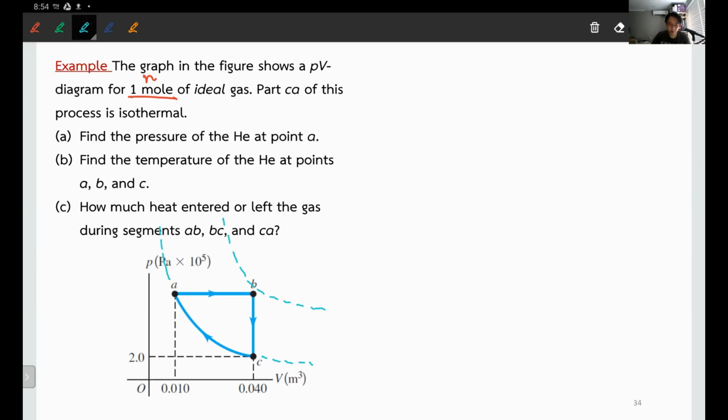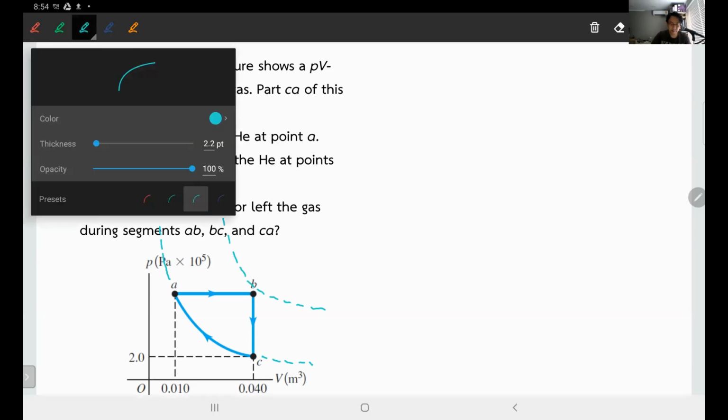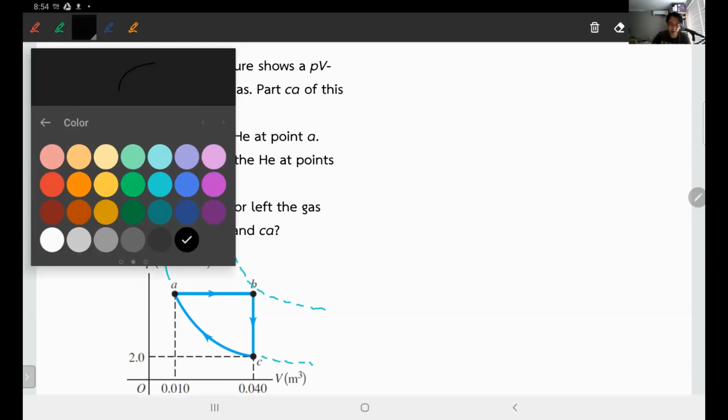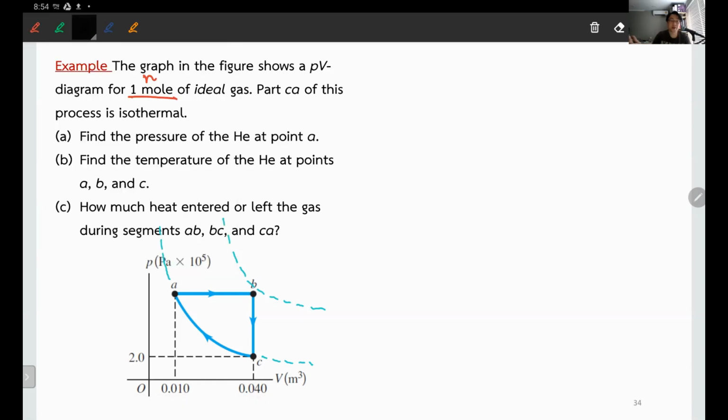All right, if you want to calculate what's going on at A, the easiest way is to pick a point where you already know the information. Point C is nice because at point C you know the pressure and you know the volume.